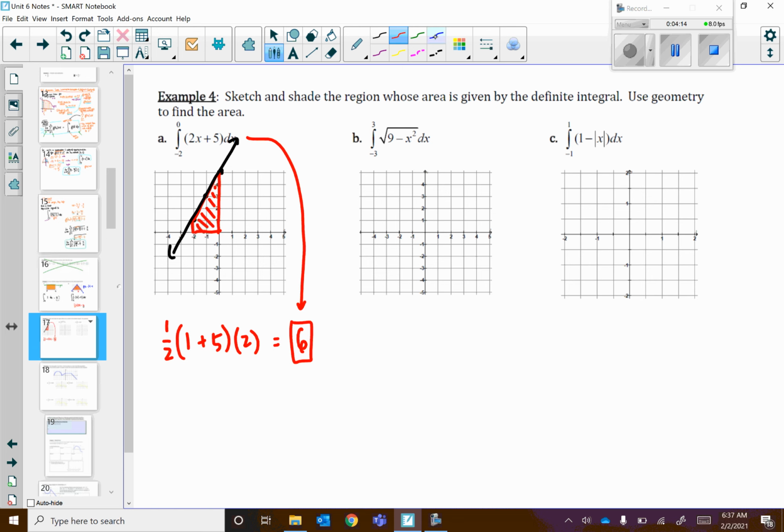For our next one, I look at this function, the square root of 9 minus x squared. And maybe you remember this, maybe you don't, but I feel like this is a circle centered at the origin.